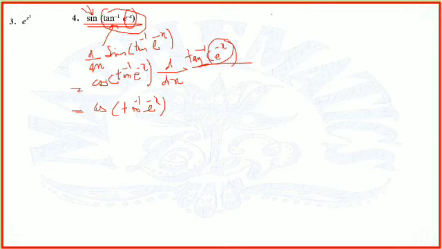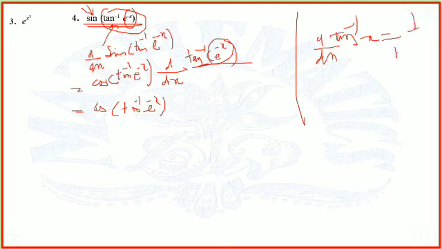So the derivative of tan inverse x is what? The derivative of tan inverse x is 1 upon 1 plus x square. Whatever is written here, that you will be squaring over here. Suppose tan inverse India, then 1 upon 1 plus India square, or whatever it is, a place name.